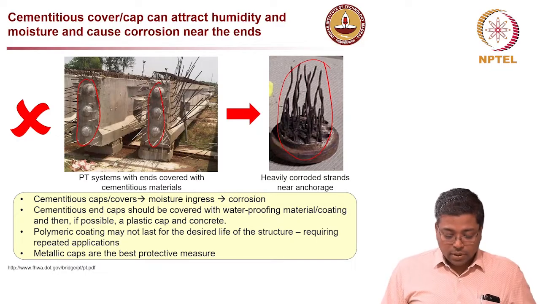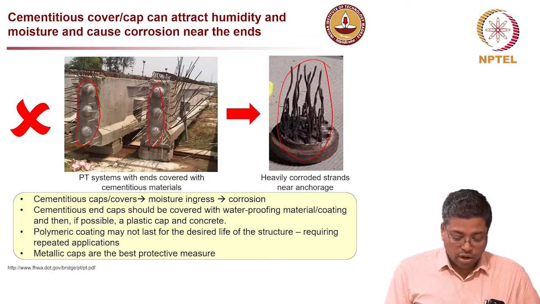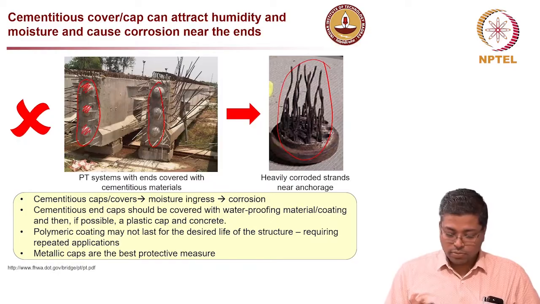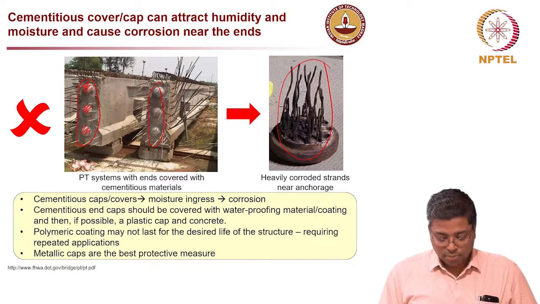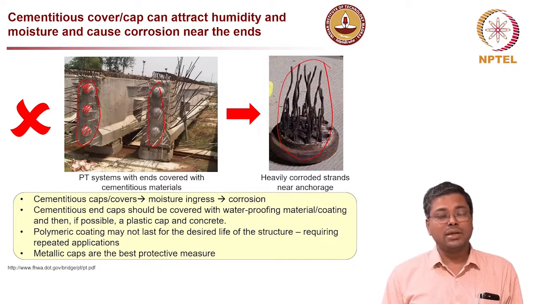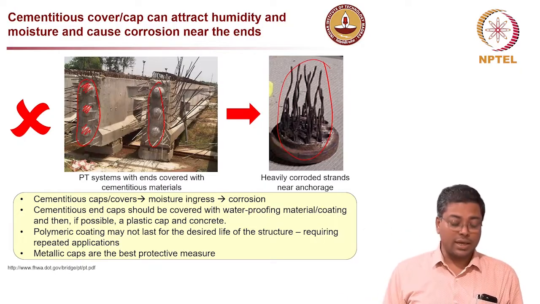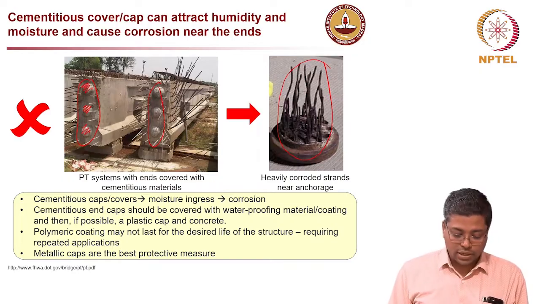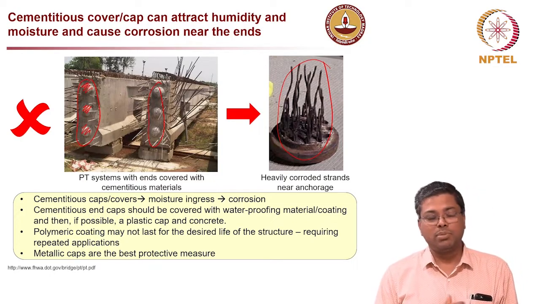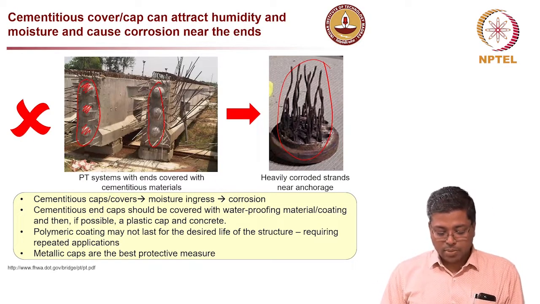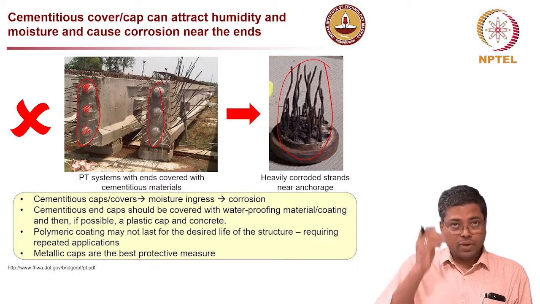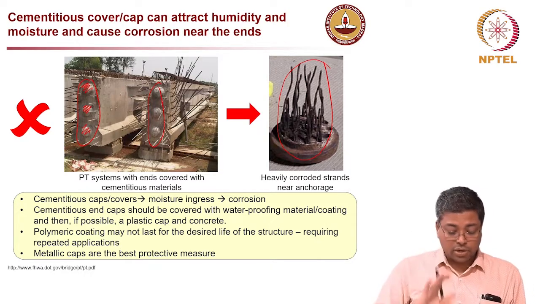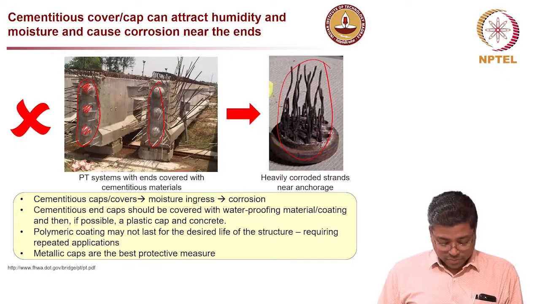Now, recently people are also trying to put some kind of polymeric waterproofing coating on this. But remember that when these structures are exposed to sunlight, these polymeric coatings might degrade in a very short period of time, maybe a few years down the line, unless they are protected from sunlight.